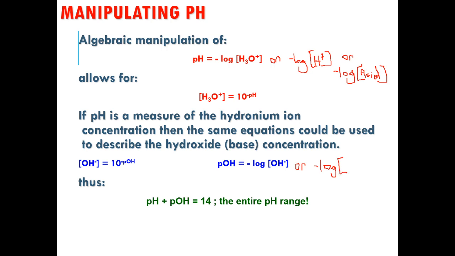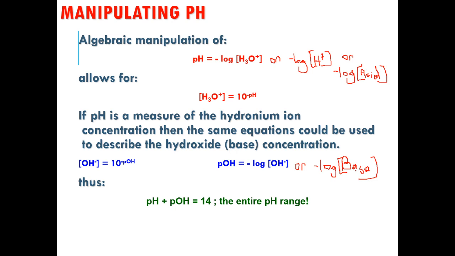I'm sure at least one or two of y'all have guessed that if it's a strong base, then we can also use the concentration of a base. Sorry, that says base. Same concept though.